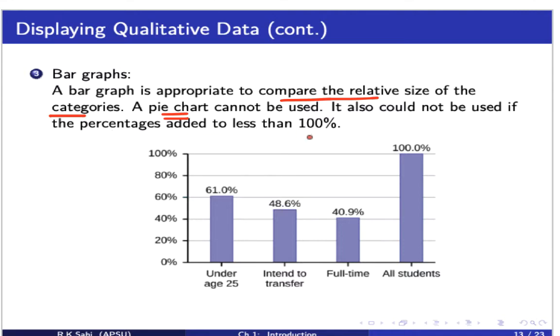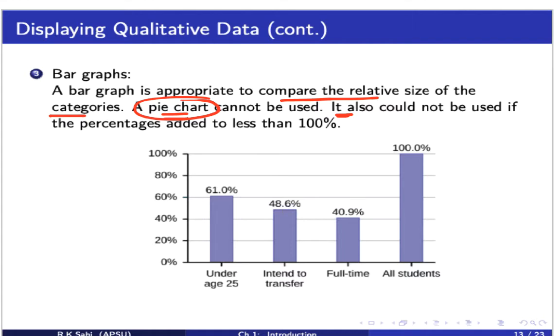That's also one more thing to write. A pie chart cannot be used if you're comparing the relative sizes. Also, if we add up all the categories and the percentage of all these categories is less than 100%, we cannot have a pie chart.